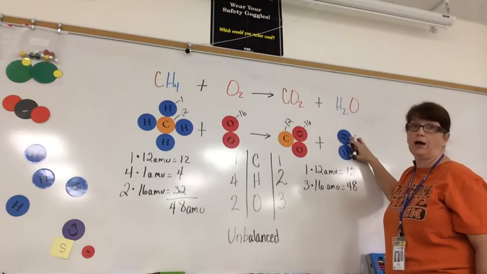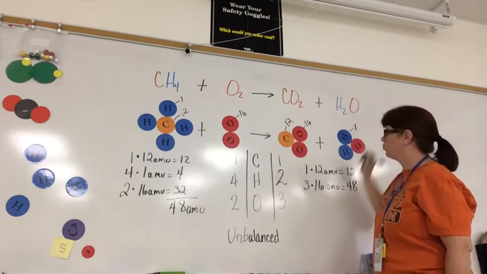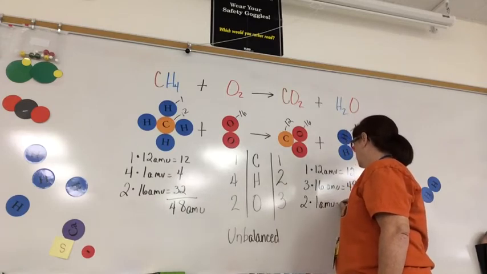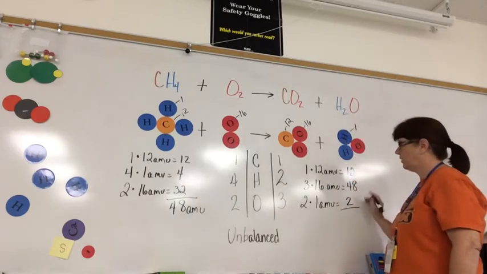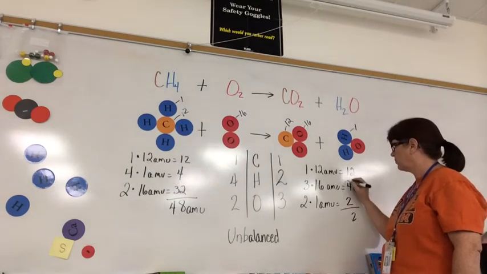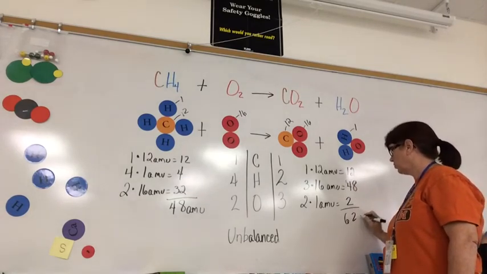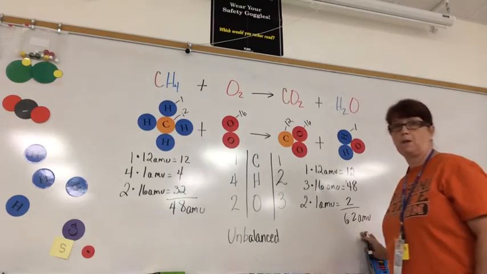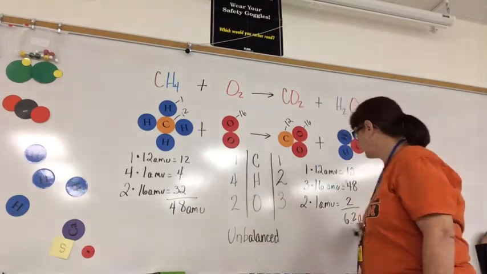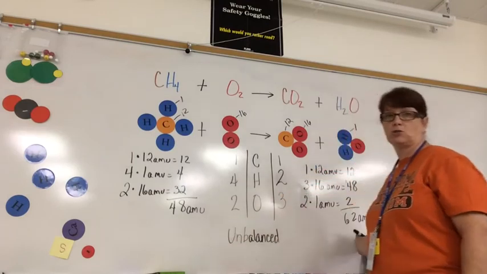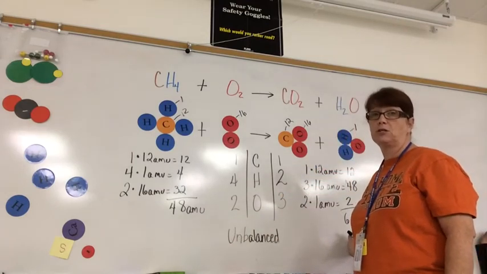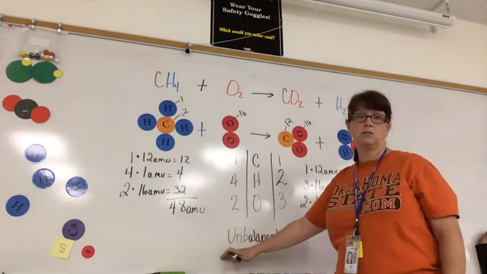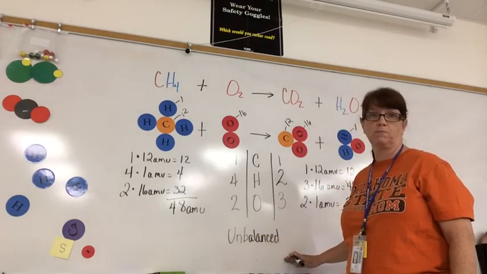Then I have 2 hydrogens, which are 1 each, so 2 times 1 equals 2. When I add this up, I get a total of 62 AMUs on this side. Notice that my mass does not match. Because it doesn't match, it doesn't follow the law of conservation of mass. Therefore, it's considered to be an unbalanced equation.